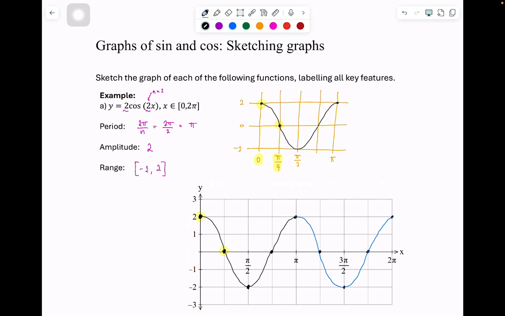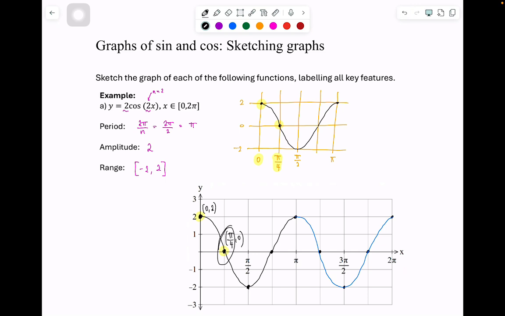Now, once you're done, we also need to label all key features. Key features include our y-intercepts and our x-intercepts. Our first point here is pi on 4. If we count up by pi on 4, we can get to all of the other ones.